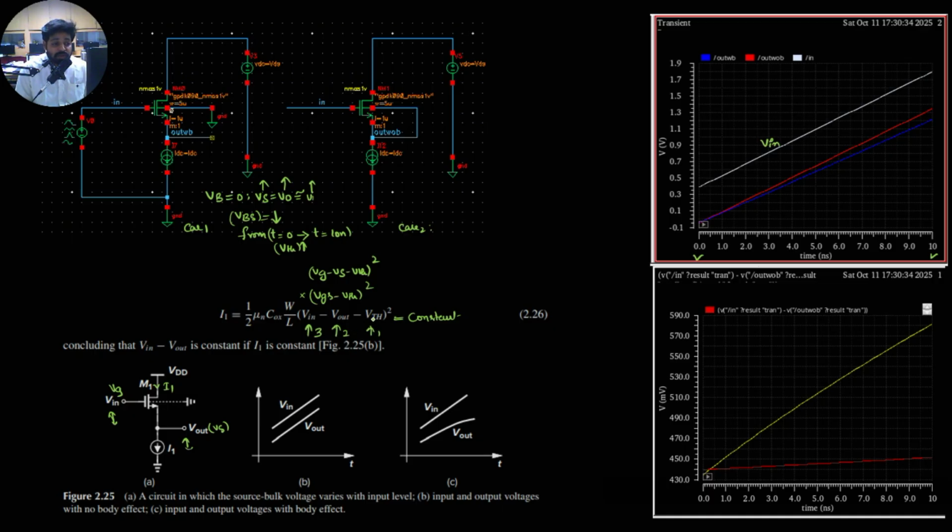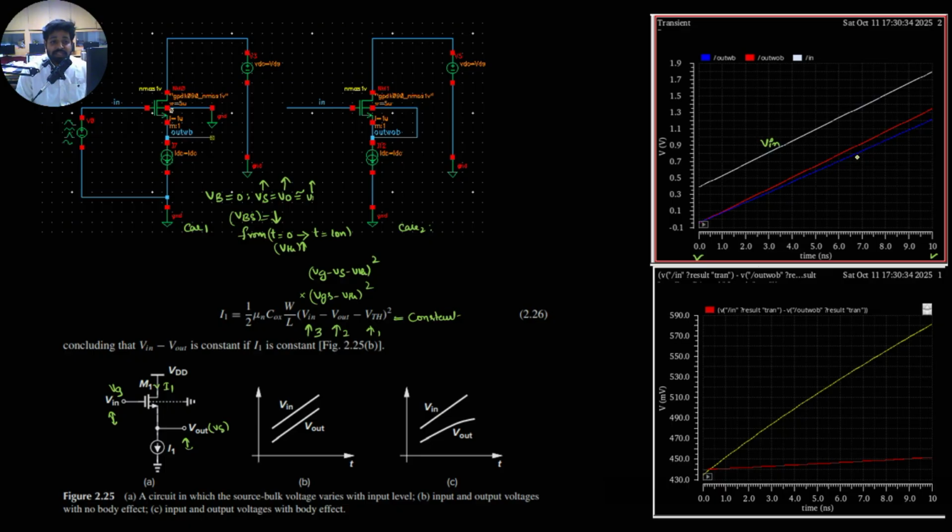So this is how my output rises; it is split by some amount with the VTH rise. VTH is raised by some amount, so V output cannot be raised by the same amount as V input. At the same rate, my V output is not raised.